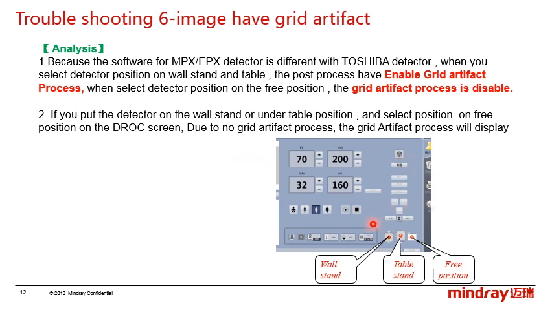So if you put the detector on the workstand or under table position, but you still select the free position on the DROC, due to no grid artifact process, the grid artifact will display on the image.